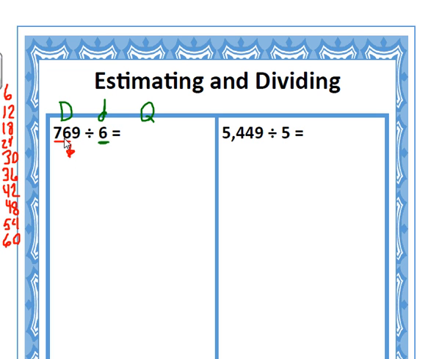First two digits, 76. And we look for our multiples of 6 to see if we've come across any multiple of 6 that's close to 76. Now 76 is larger than 6, so we're going to continue on till we get to 76, or a multiple close to 76. So we go to 66, 72, and then 78.